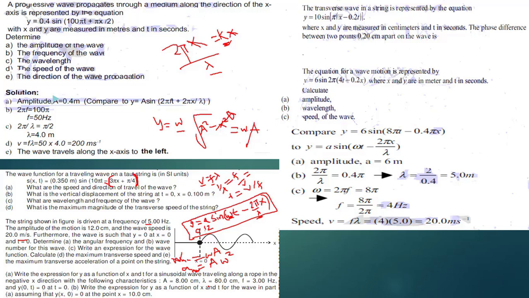The second part B tells us that write the expression of y as a function of x and t for the wave in part A, assuming that y(x, 0) is equal to 0 at the point x = 10 centimeters. So what does that mean? It means that the value of y is 0 at a point where x is equal to 10 centimeters.